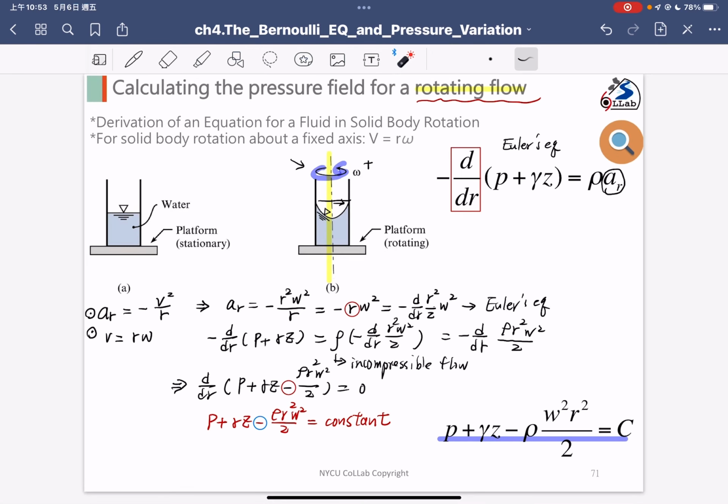So you need to keep in mind this minus difference compared to the previous slide. This is the minus operator here. Okay, so that's the idea.